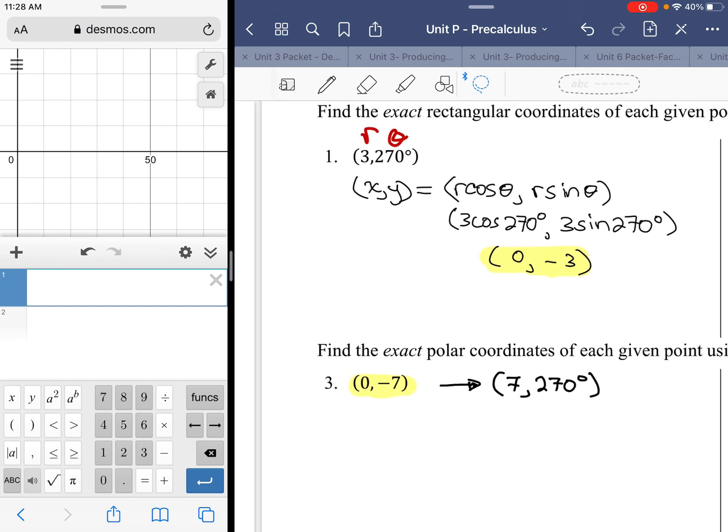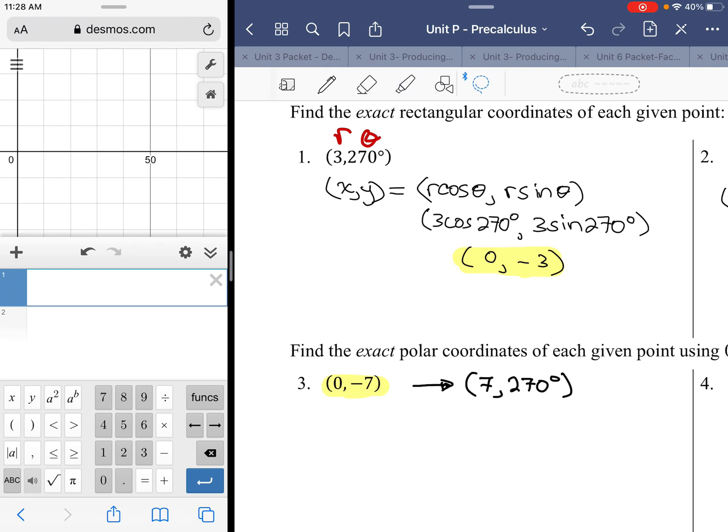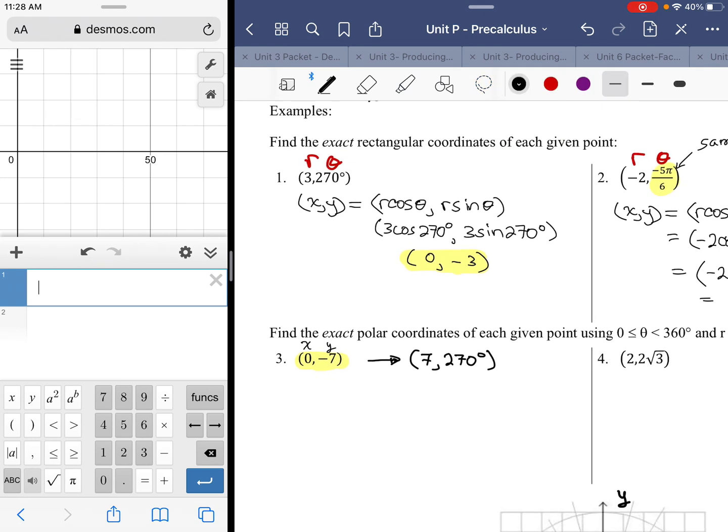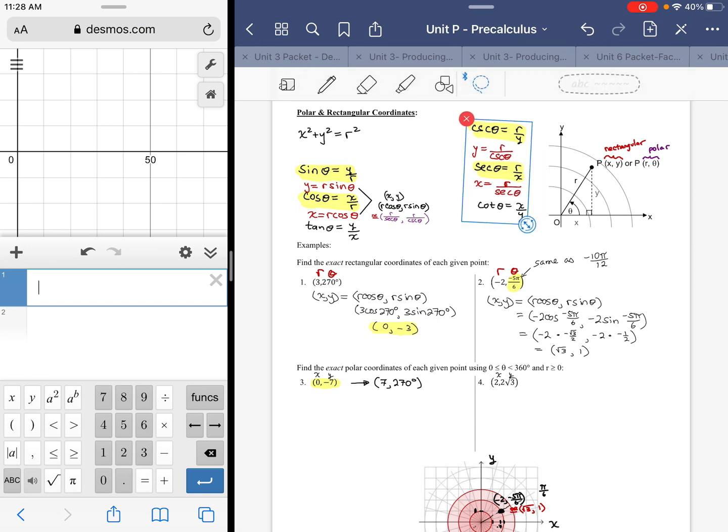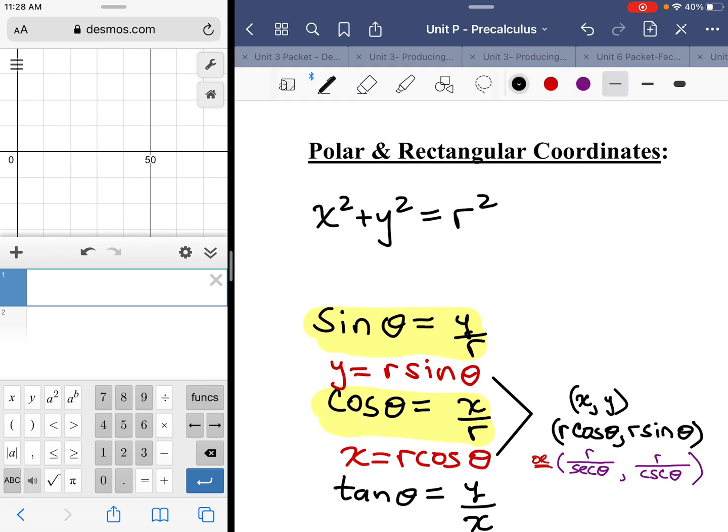So for numbers 3 and 4, we want to come up with polar coordinates given the rectangular form. So I have x and y in both cases. I need to come up with an r and a theta. I have all this information here, but not all of it is necessary. I do have a way to come up with r, though.